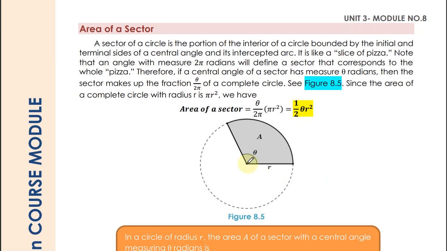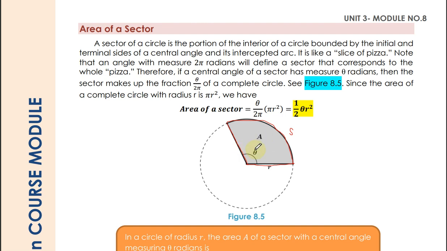So this is your central angle, and this is your initial side and your terminal side, and this is your arc S. So the area bounded by those lines and curves is the sector of a circle.